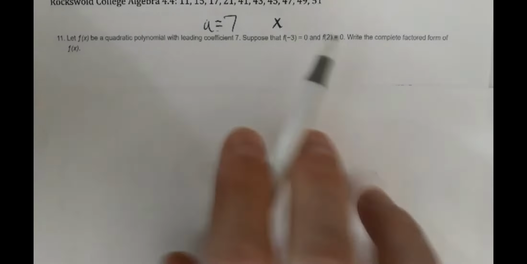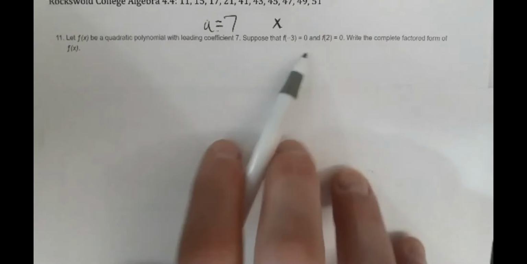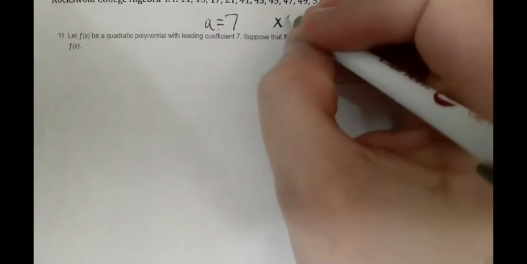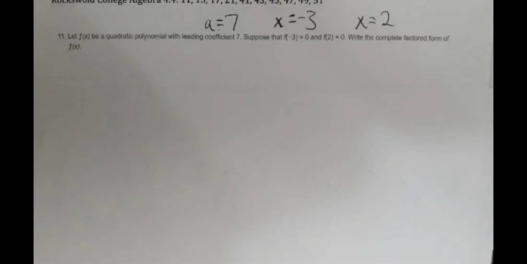It says if I plug in a value of X as -3, I'm going to get a 0 out of my Y. So this is giving you the X value. This is telling me when my X is -3, I'm going to get a 0 out of that Y. So they are not giving me the factor here, they're giving me the X.